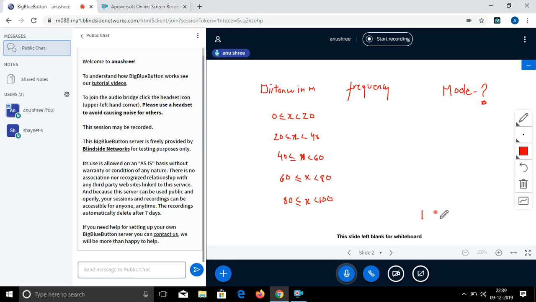This is discrete data, and now you tell me what is the mode for this?